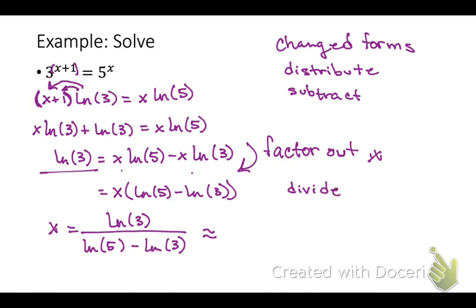Were those basically the same steps we did on that other problem too? We switched forms, we distributed, we subtracted, we factored, we divided. If you were to find the approximate answer, you guys know that you have to put parentheses around the denominator, right? That's the biggest thing. I think we've all learned the cautionary tale of the lack of parentheses.